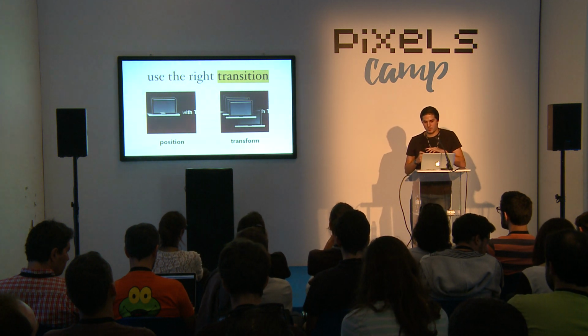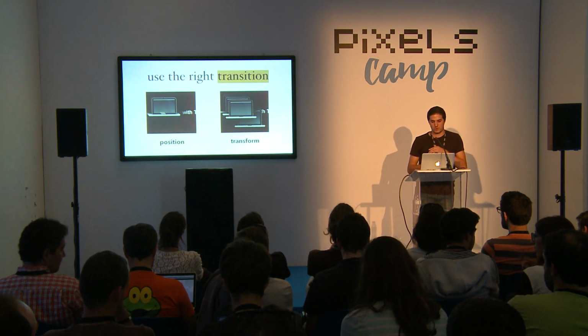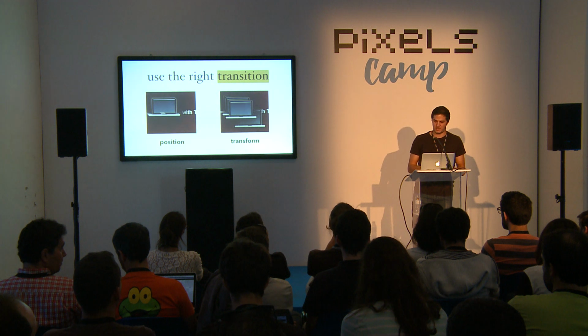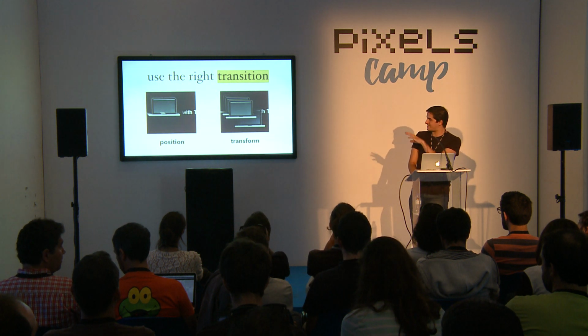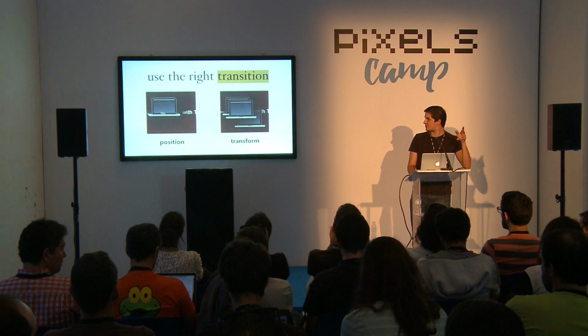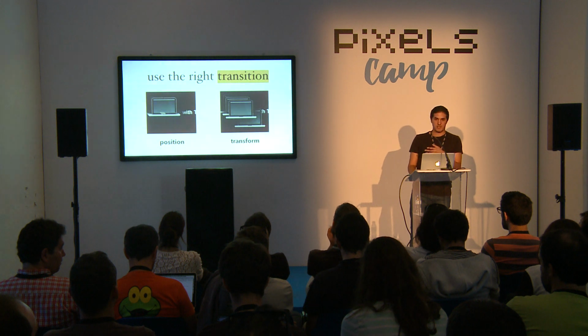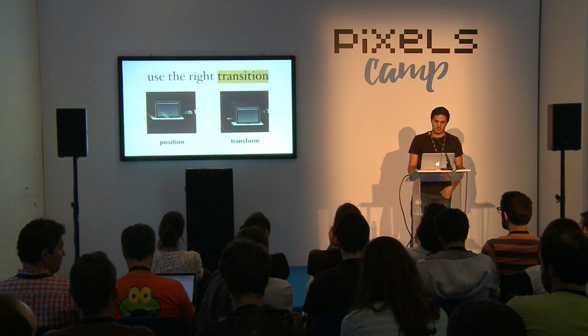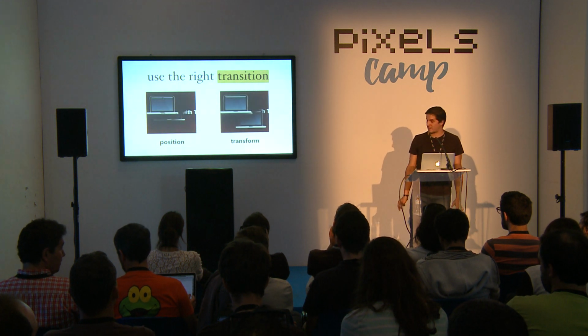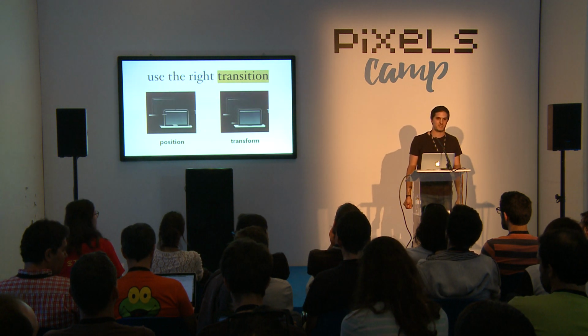Now, we can also use transform translate. We should use transform translate, and this is why. These are 10 elements, 10 different images being animated from left to right, top to bottom, diagonally. One with position left, and the other one with translateX. And as you can see, the performance is much better with translateX.